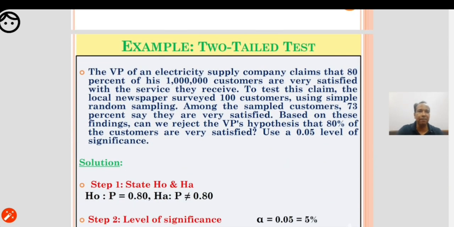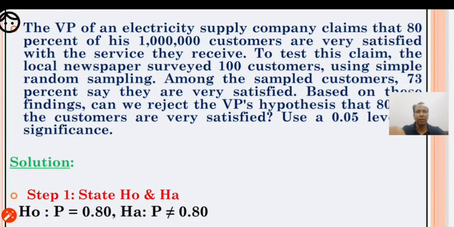Let's take an example of a two-tailed one proportion Z-test. The example goes like this: the vice president of an electricity supply company claims that 80% of his 10 lakh customers are very satisfied with the service they receive.